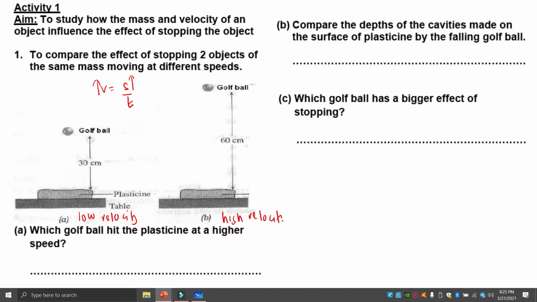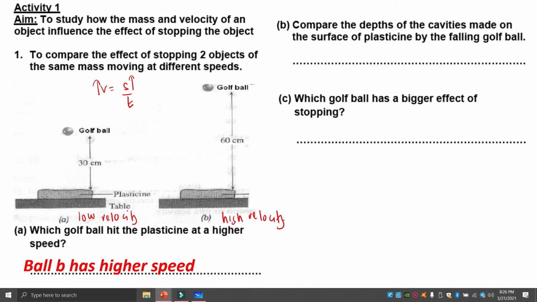The first question: which golf ball hits the plasticine at the highest speed? I already explained that since the displacement, or the distance, for B is higher, the velocity for B is higher. So ball B has a higher speed. Next question: compare the depth of the cavities made on the surface of the plasticine by the falling golf balls.